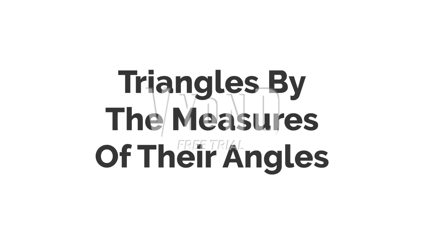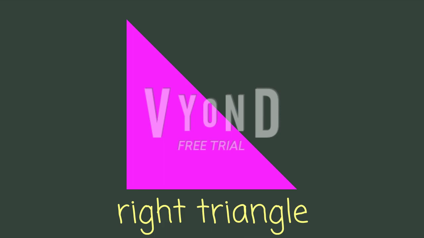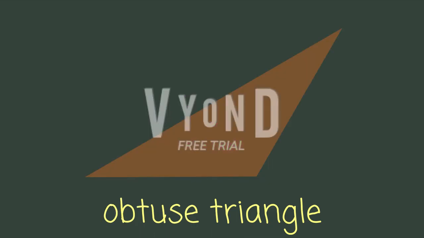Triangles are also classified by the measures of their angles. This triangle has one right angle, so it's a right triangle. This one has one obtuse angle, so it's an obtuse triangle.